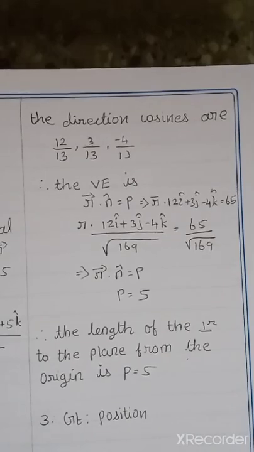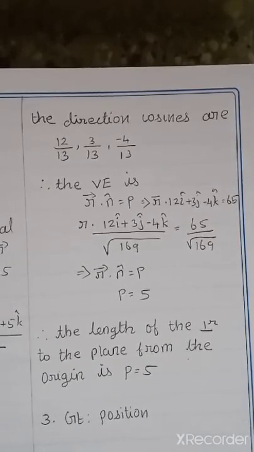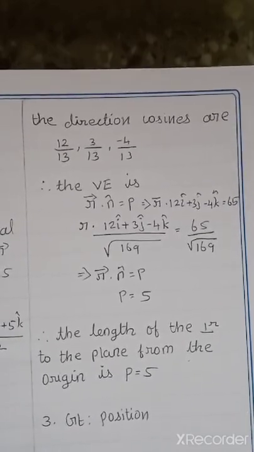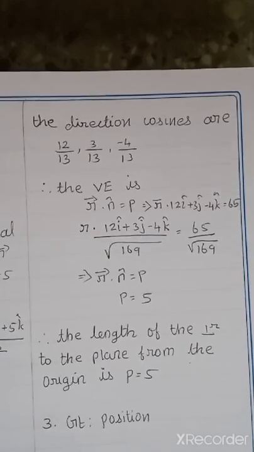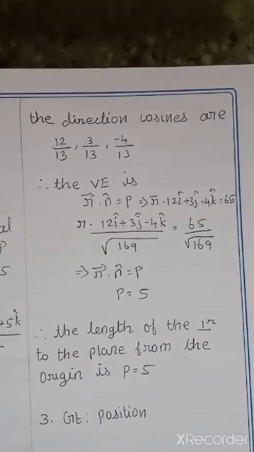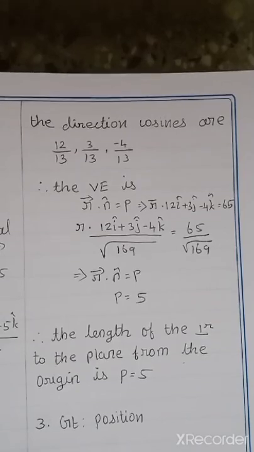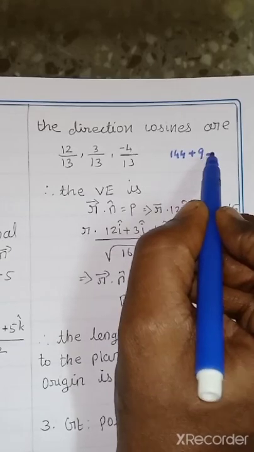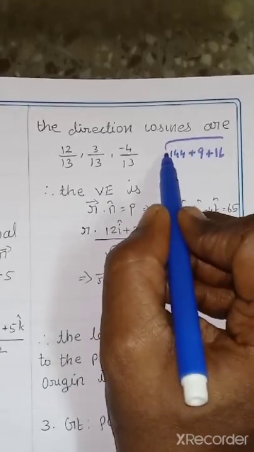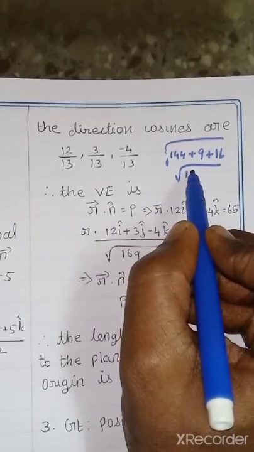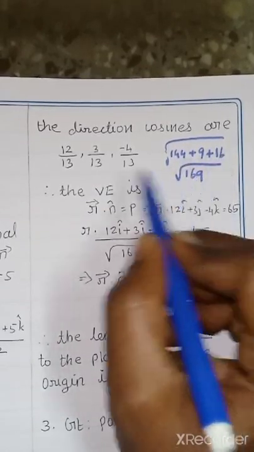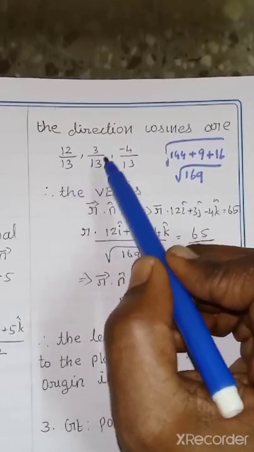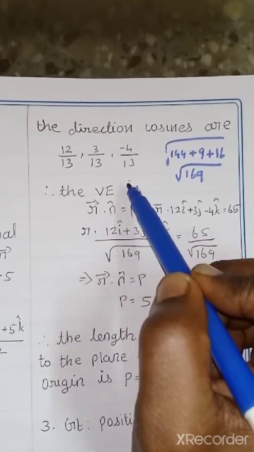That is 12 square plus 3 square plus 4 square, then you have to take the root. So 12 square is 144, 3 square is 9, 4 square is 16. Altogether if you add you will get 169. So square root of 169 is 13. So the direction cosine will be 12 by 13, 3 by 13, minus 4 by 13.